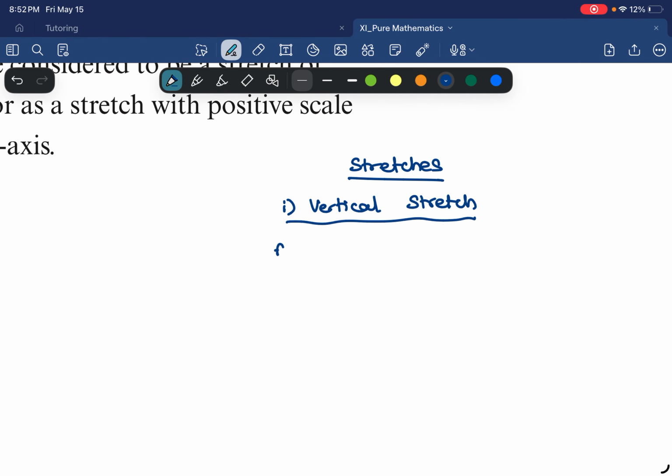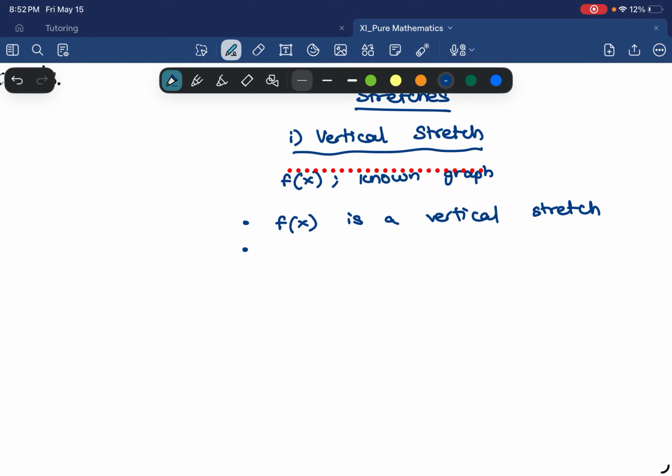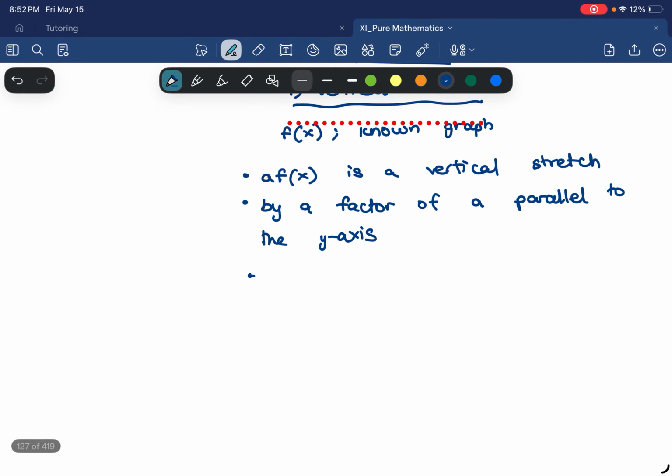So if you have f of x with a known graph, then a f of x is a vertical stretch by a factor of a parallel to the y-axis with an invariant x-axis.